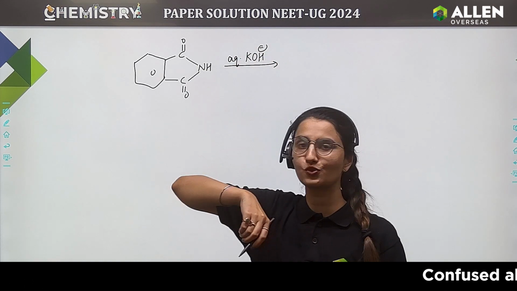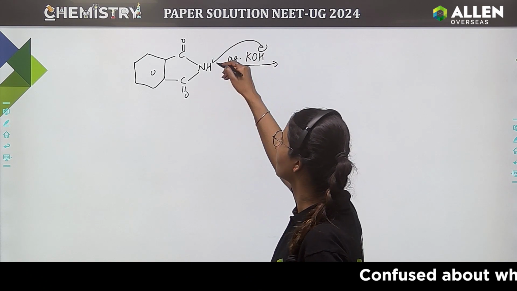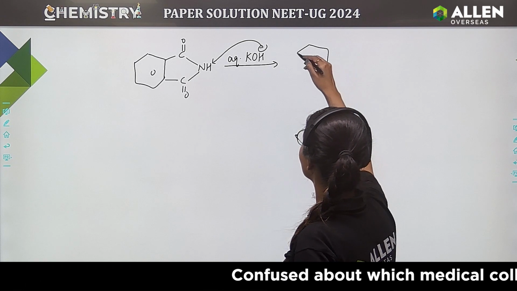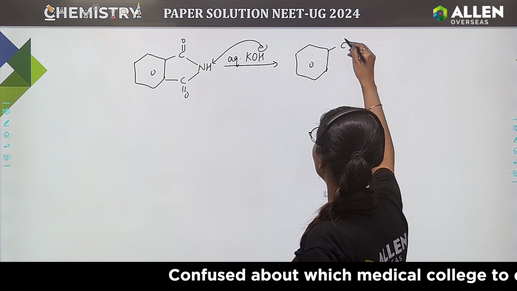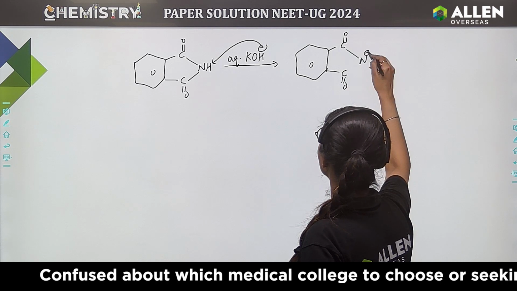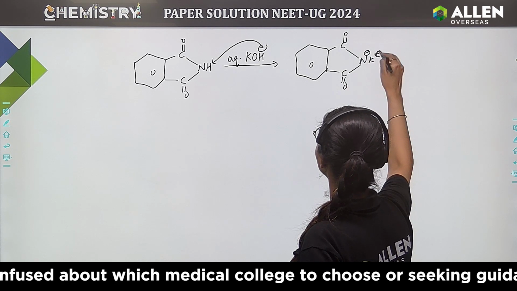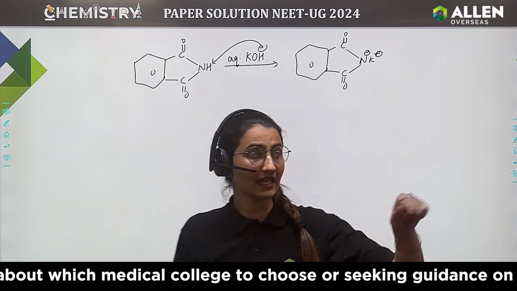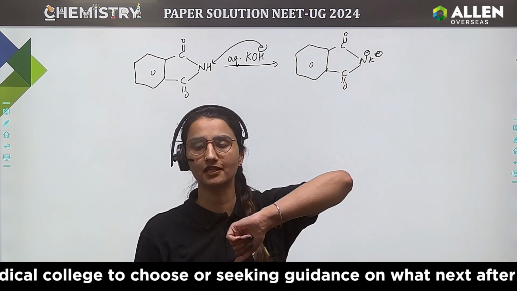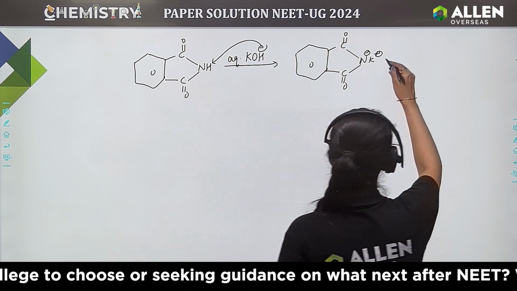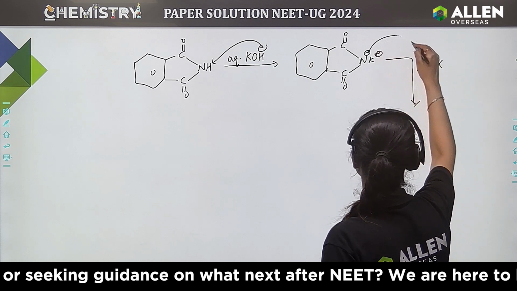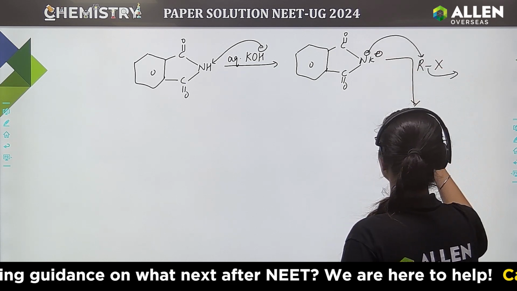In the first step, we put a base. The base abstracts a proton, and we get an anion on N, N minus K plus. Now this N minus, an electron-rich N, acts as a nucleophile. In the next step, it attacks the alkyl halide and X goes.